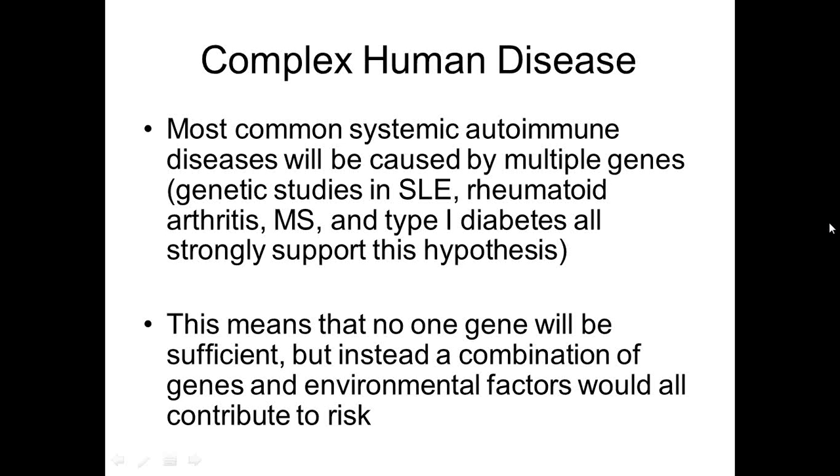And it seems that a lot of our autoimmune diseases, not just lupus, but also rheumatoid arthritis, multiple sclerosis, and type 1 diabetes seem to behave in this way, where we don't find one single gene, we find a bunch of genes related. And so we think, as far as the biology, that probably makes sense, and that maybe it takes more than one thing to turn on a particular switch in the immune system, or to make something happen. And so that's what we've been finding.